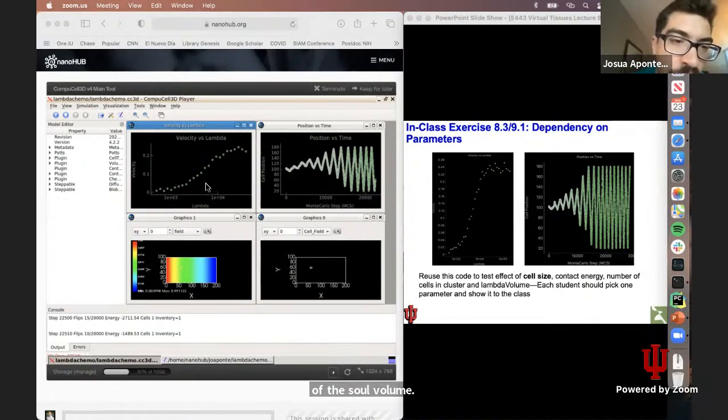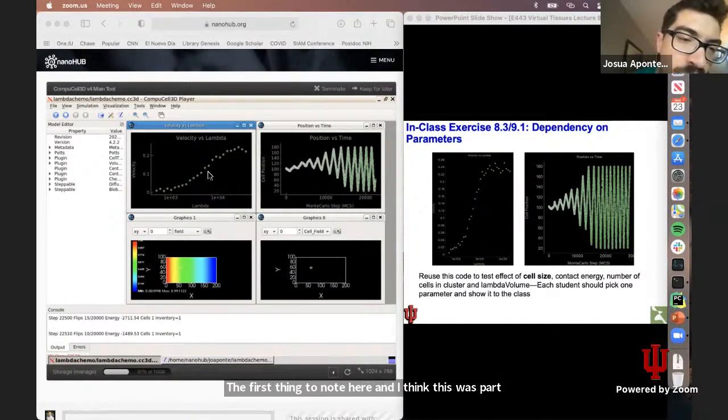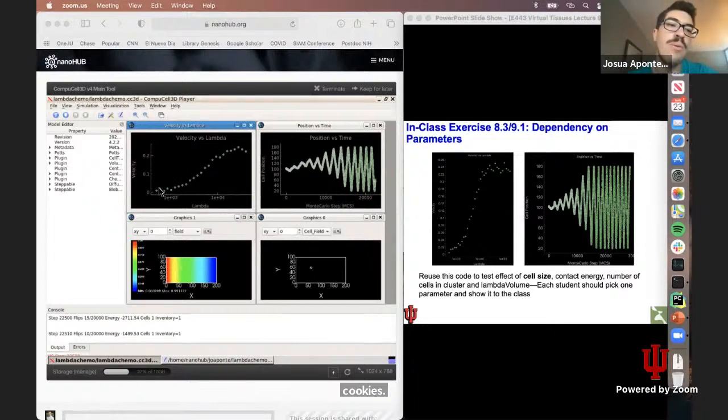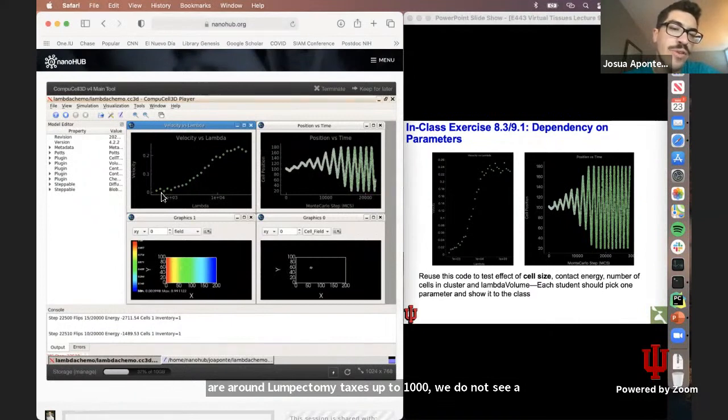The first thing to note here, and I think this was part of the homework, was to choose a reasonable value for that lambda chemotaxis that we're not gonna increase. We can see that in this range, around lambda chemotaxis up to 1,000, we do not see a very good response of the chemotaxis. It's very noisy up there due to the gradient that we have.